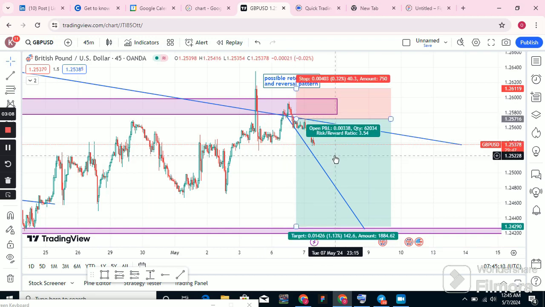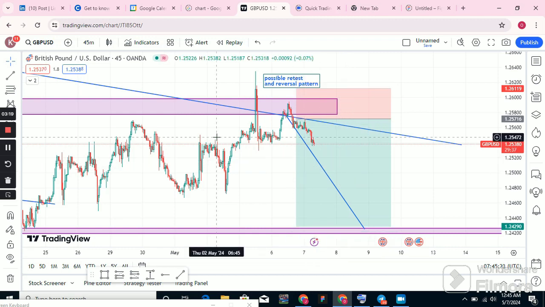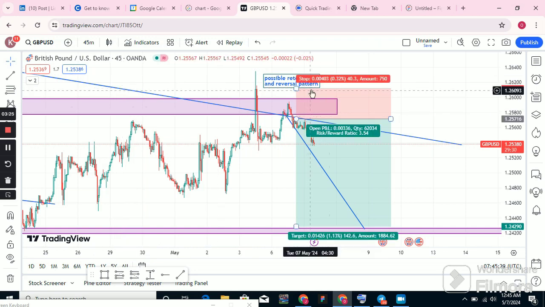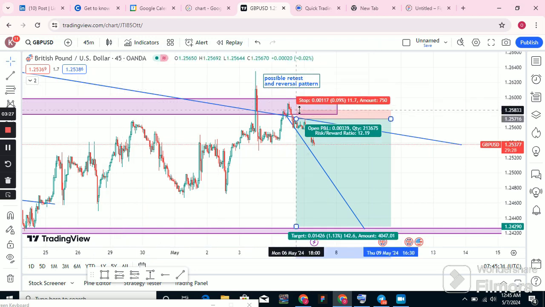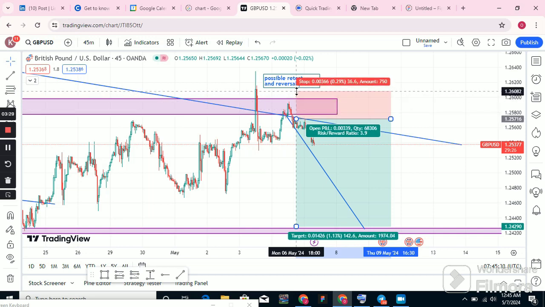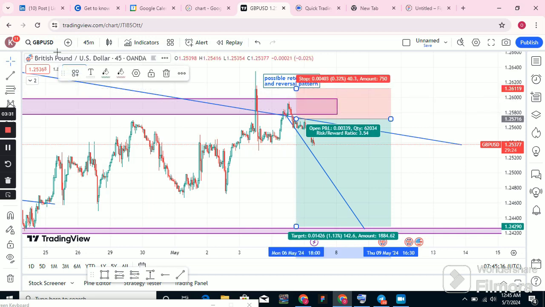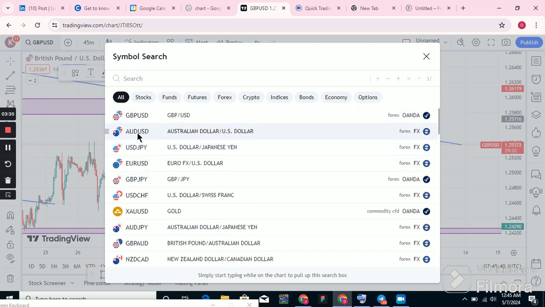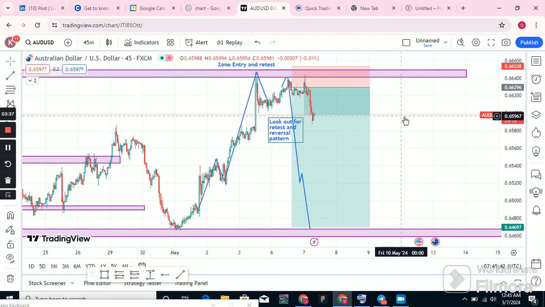So the market has started its move from the zone down towards the next support zone, and this is actually a 3.5 risk to reward ratio. It's respecting the trend line now, and it's also respecting the resistance zone. So we are looking for that movement, and then we are going to look for a break even after the market moves into 1 to 2.